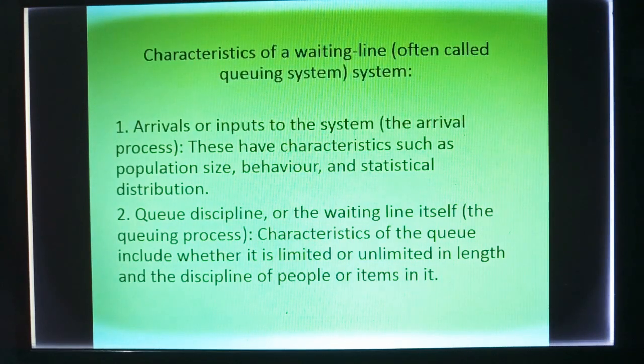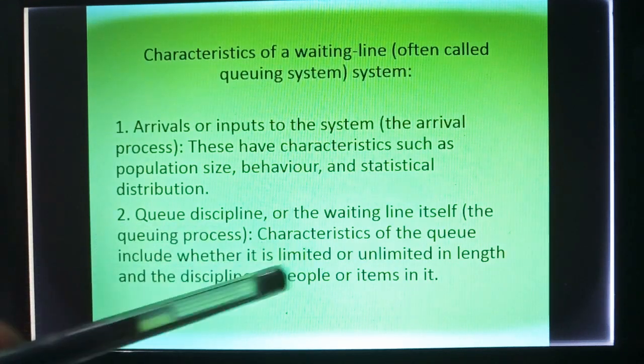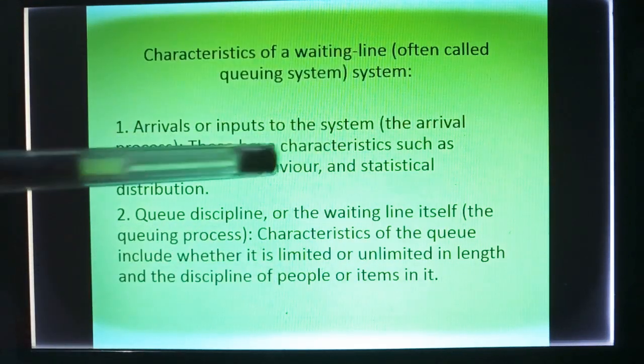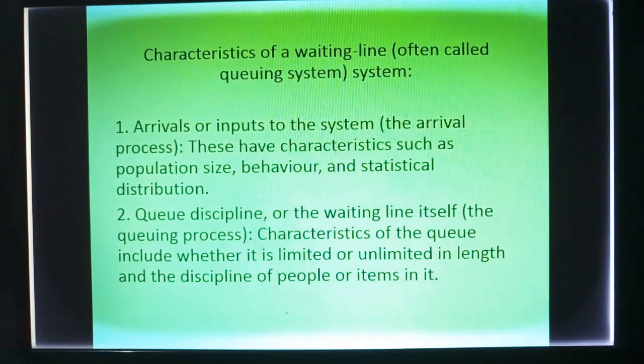Another term is the queuing process. Characteristics of the queue include whether it is limited or unlimited in length and the discipline of people or items in it. For the queue discipline, this is the part wherein individuals form a line, so we call it the waiting line itself or the queuing system.